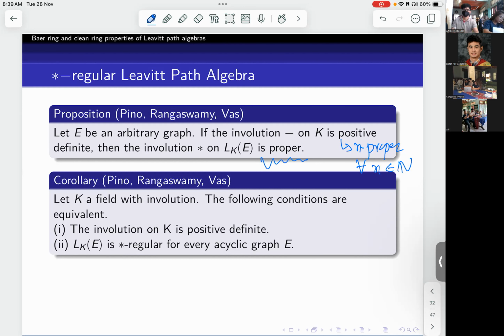So there exists a very restricted condition on the field, and it gives a smaller condition on the Leavitt path algebras. And as a corollary, we obtained that the involution is positive definite if and only if the Leavitt path algebra is star regular for every acyclic graph E.